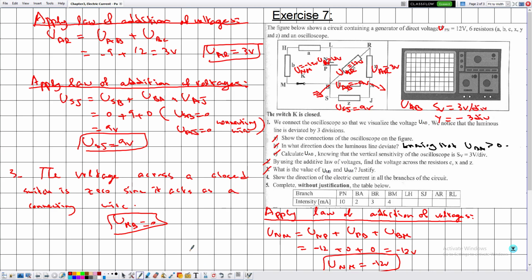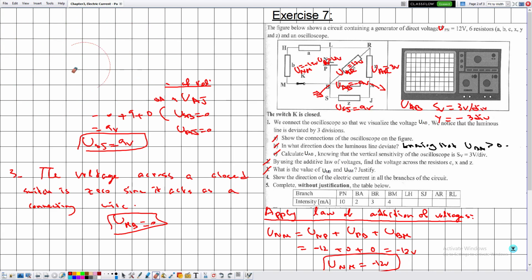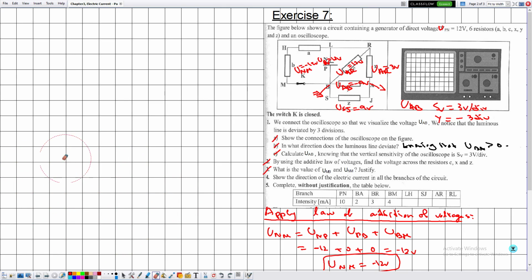Now in part 4 they are telling me to show the direction of the electric current in all branches of the circuit. So we will solve this exercise based on the fact that electric current always traverses a branch from higher potential to lower potential.